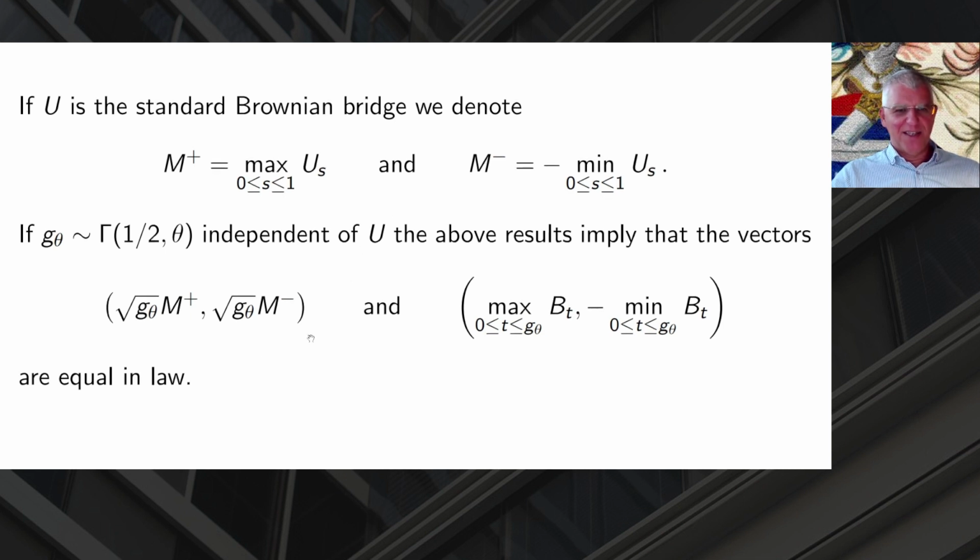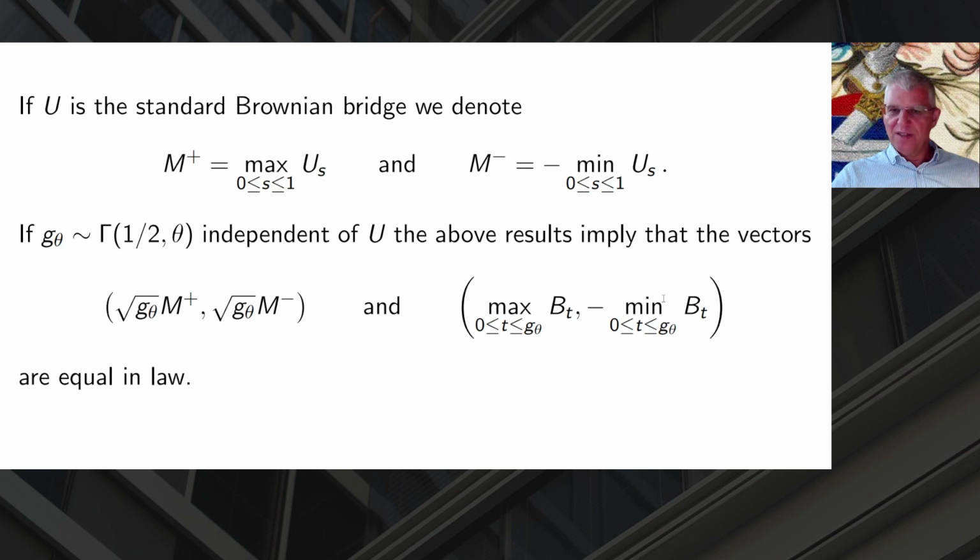And the story is that if you multiply the maximum of a Brownian bridge and the minimum of the Brownian bridge by the square root of an independent gamma random variable, this is equal in law to the maximum of Brownian motion up to g theta and the minimum of Brownian motion up to g theta, right? So this big theory in the end boils down to this very simple fact that you get two random variables that have this distribution here.